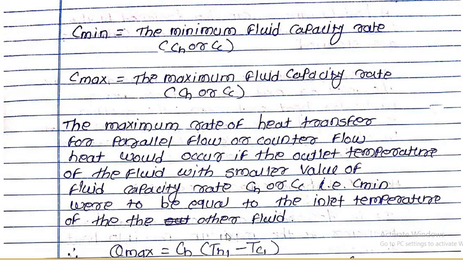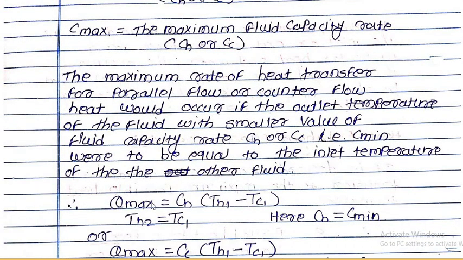Now from the energy balance equation, Q max is equal to CH into bracket TH1 minus TC1. Here we are considering that C suffix H is equal to C minimum, so the heat capacity rate of the hot fluid is less than that of the cold fluid.